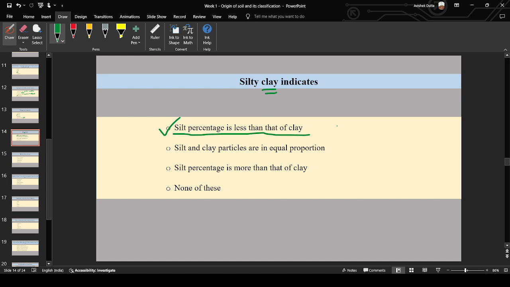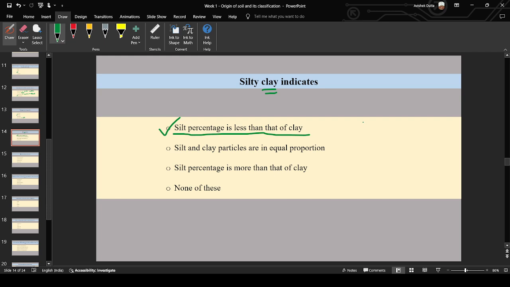When we say something like sandy clay or clay sand, the first term acts as an adjective to describe the main soil, which is in the second term. So if we say silty sand, that means it is sand composed of a lesser percentage of silt.